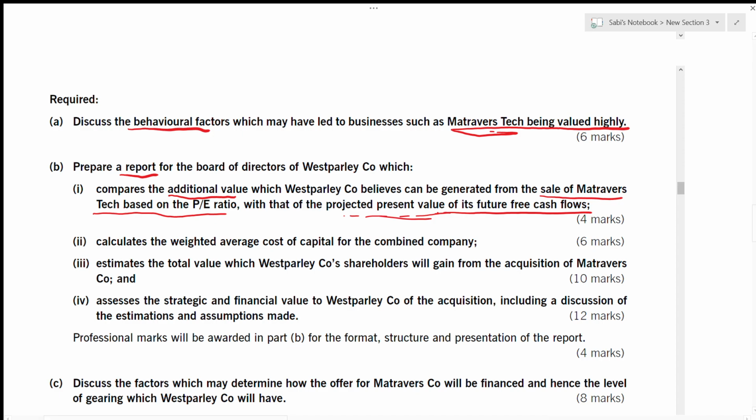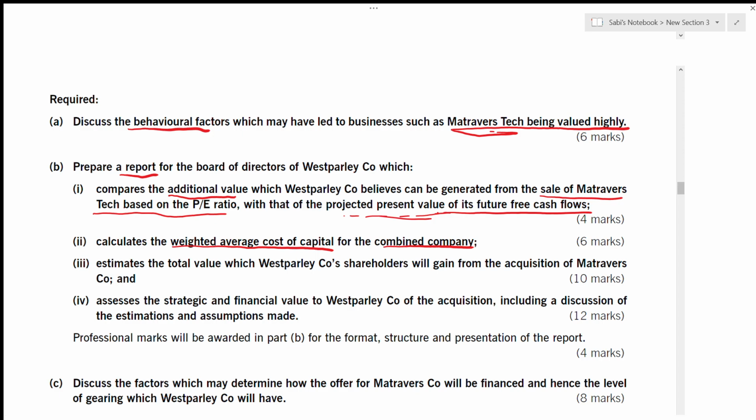Now let's go to the second one. Calculate the weighted average cost of capital for the combined company. You need to do this calculation.